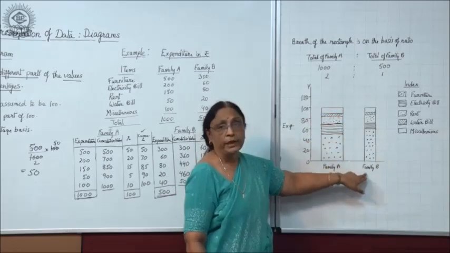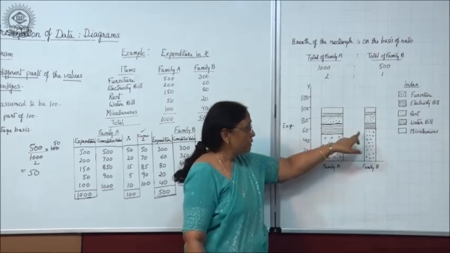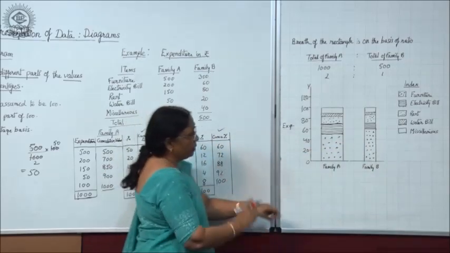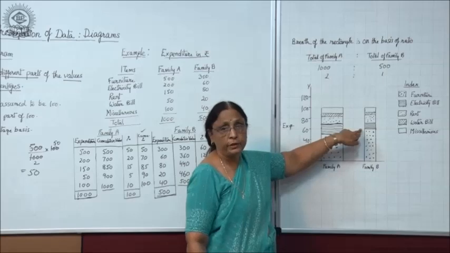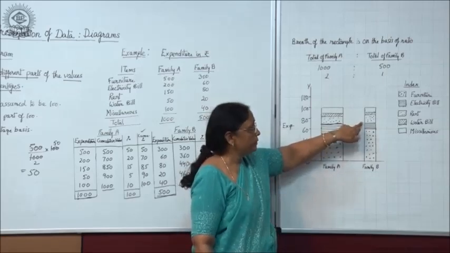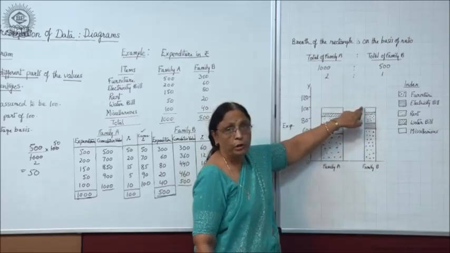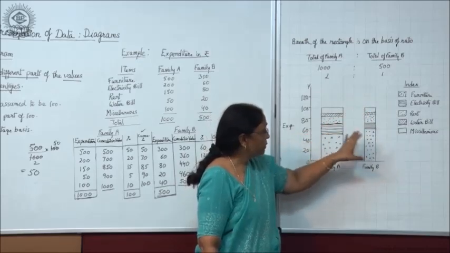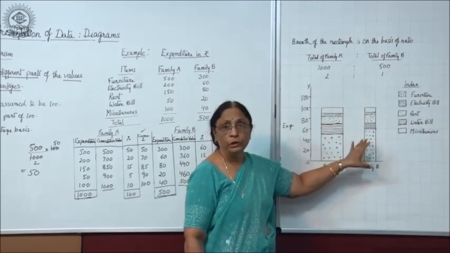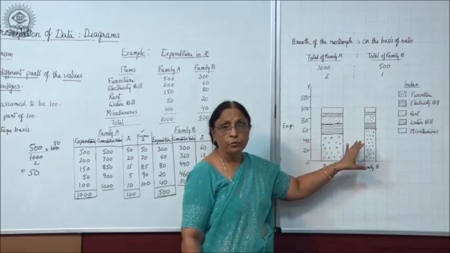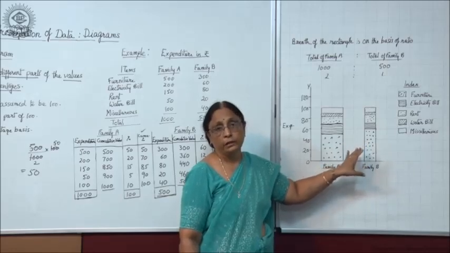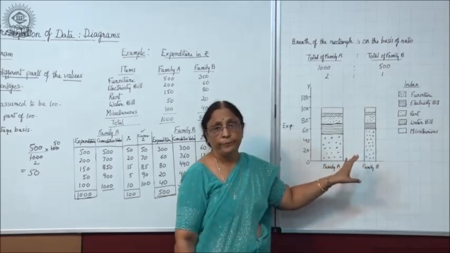Same way here in family B. First division, it is 60. So divide it till 60, draw a line here, take the next division and so on, and use the same symbol for both the bars, just to make the comparison clear and easier to understand, right?